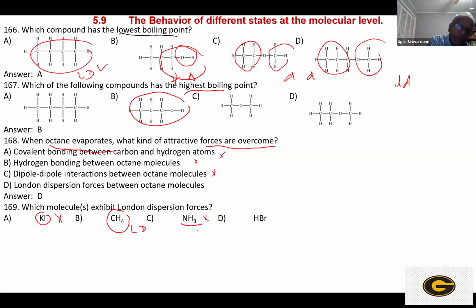Therefore, hydrogen bonding. NH dipole. HBr is polar. Dipole, dipole. London dispersion force is the weakest. It's exhibited by methane molecule. Answer is B.